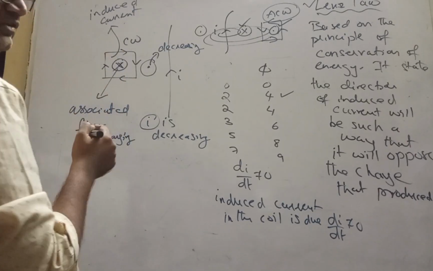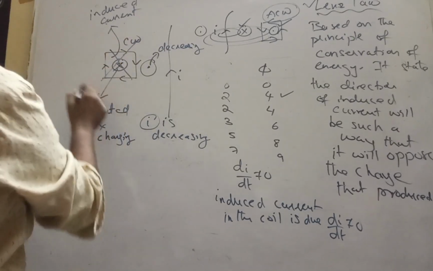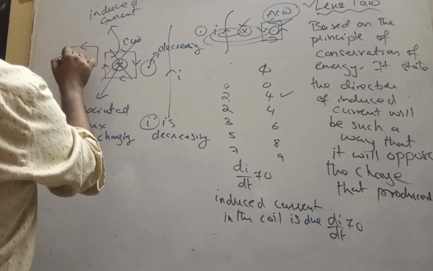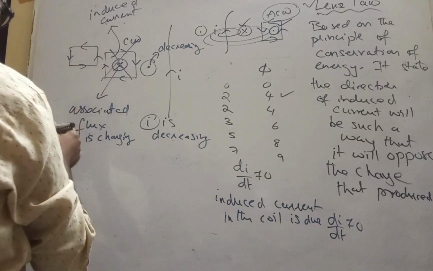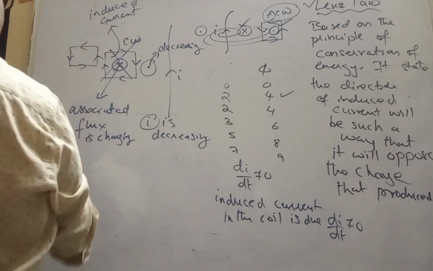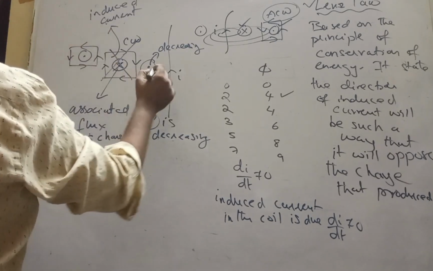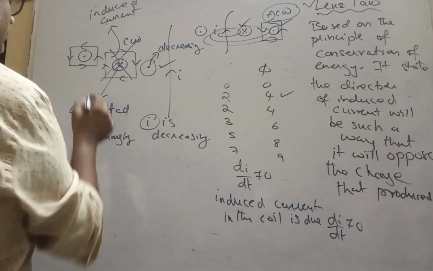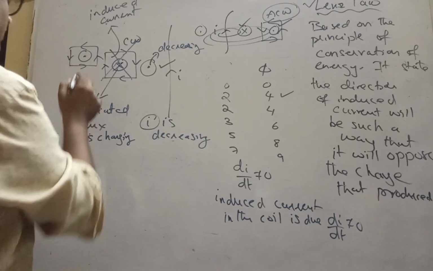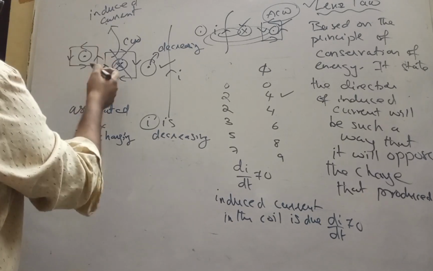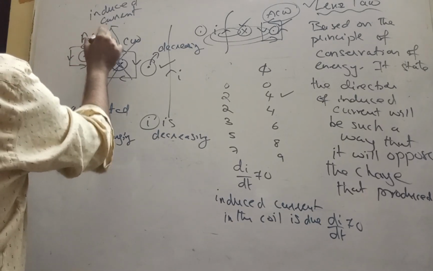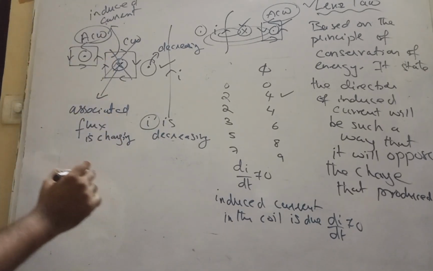It is actually reducing it, so you should not select this direction. You should take anti-clockwise, which gives a field like this. Already the field is decreasing, so you are adding some more dots to the system, so it is increasing. Here also the current direction will be anti-clockwise.